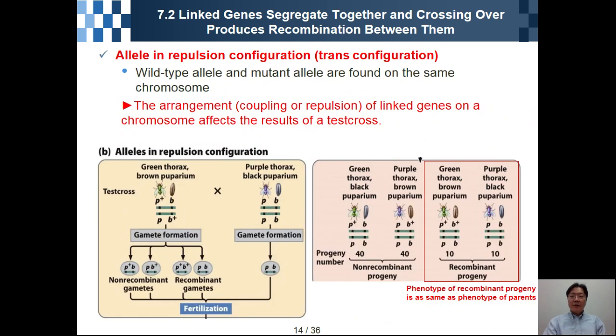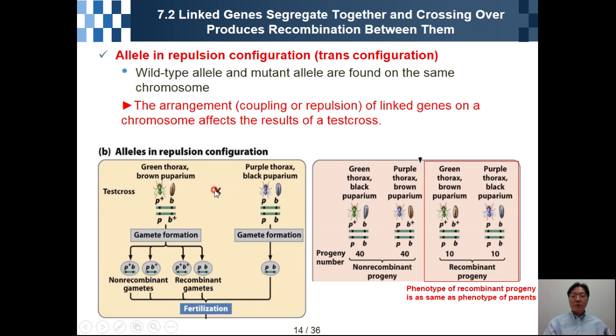In this slide we will learn another concept, allele in the repulsion configuration. Okay, repulsion configuration, we call it a trans configuration. So a wild type and a mutant allele are found on the same chromosome. In these cases, they are heterozygous, and the phenotype is green thorax and brown puparium.